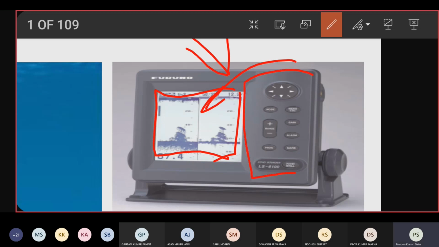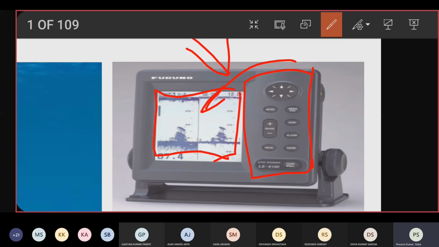Of course, you have certain control buttons. We will take a look at what controls are available. There will be range switch, gain control, fixed marker, contrast control, brightness, panel brightness.